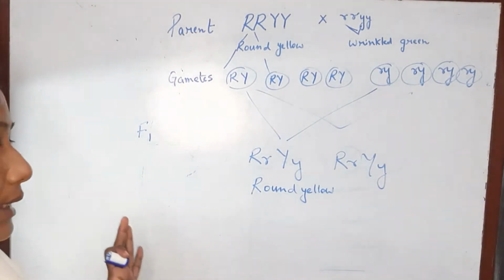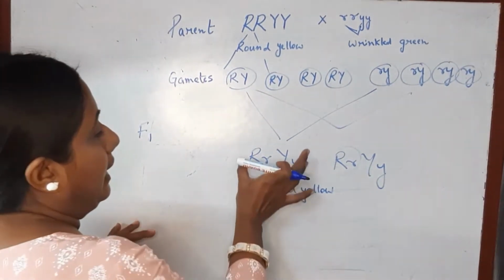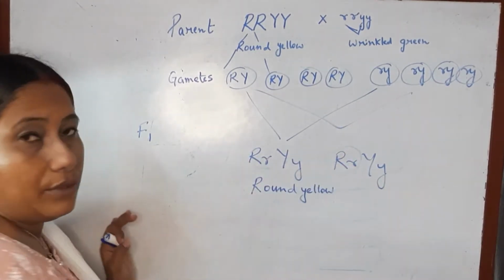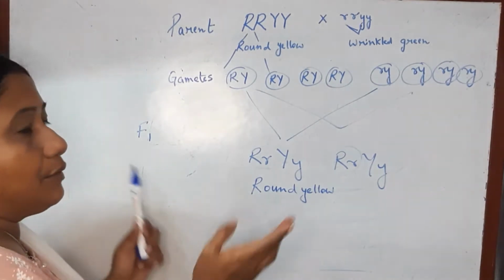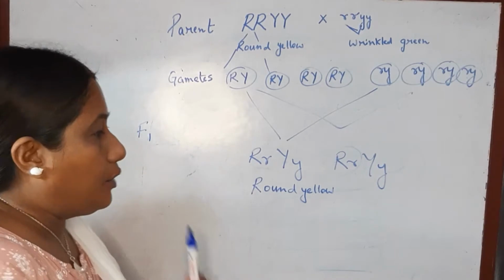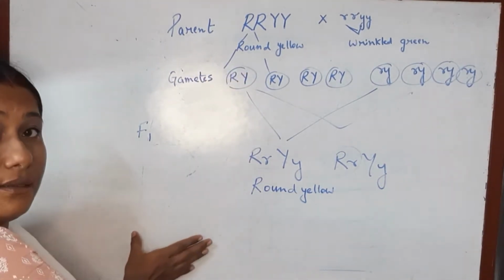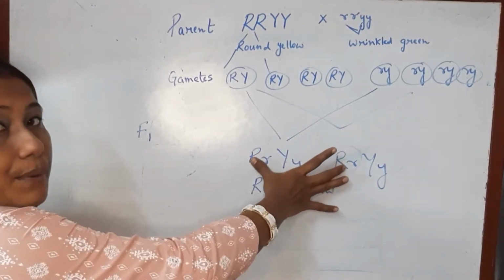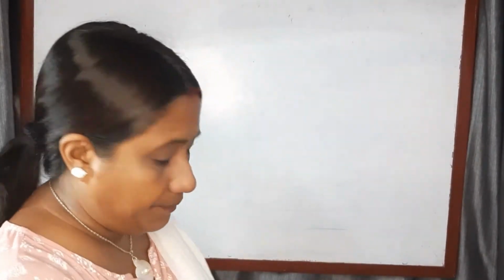Now what Mendel did was cross this round yellow, the self-pollinated F1 plants. Let me start with the F1 plant. I have to rub this out because I need some space, as it will not accommodate here. So we will start from the F1. So what are the F1? Let's see.